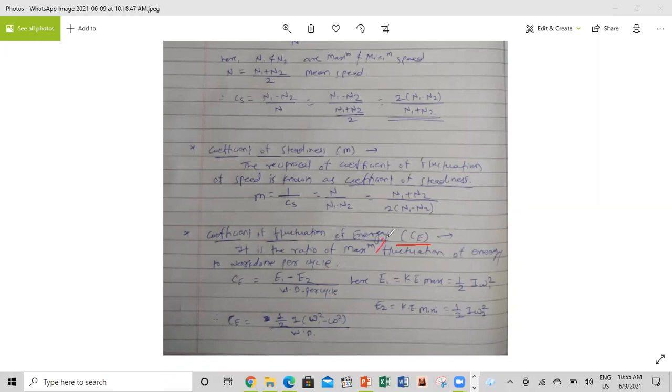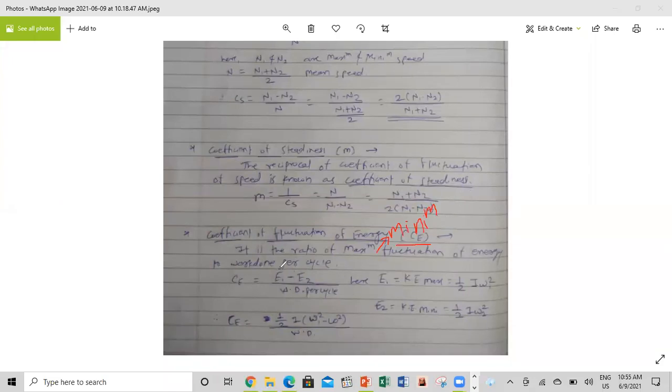Okay, this is the ratio of the maximum and minimum fluctuation of energy to the work done per cycle.